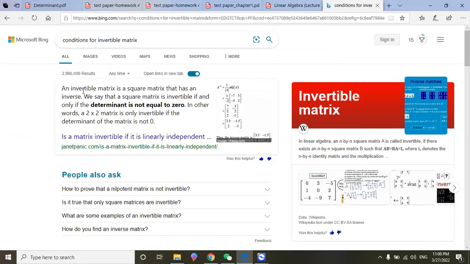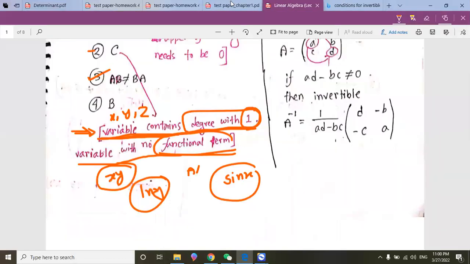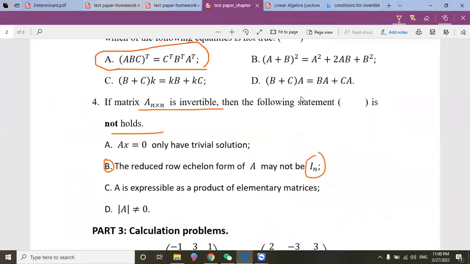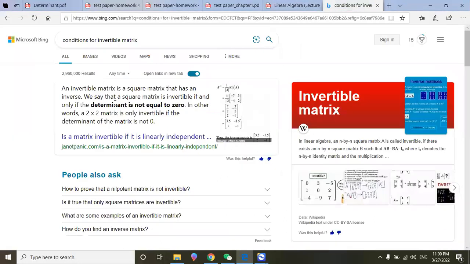That means an invertible matrix must be a square matrix. Okay. We say that a square matrix is invertible if and only if its determinant is not equal to 0. So our question was, which of the following statements does not hold? Okay, that means which of the following statements is false maybe. So determinant is not equal to 0.